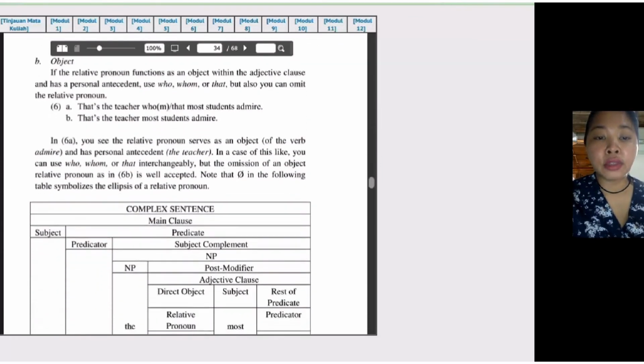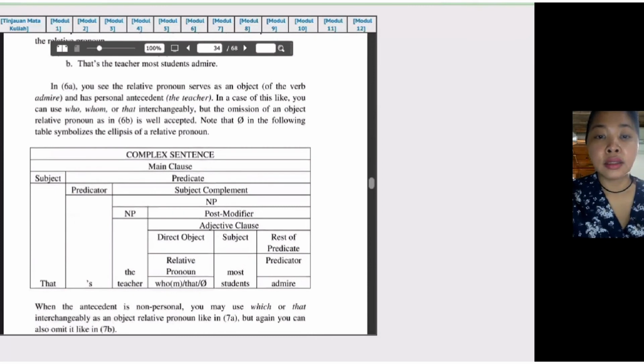And for the object, this one here: that's the teacher, the noun phrase, and then the post modifier, whom most students admire.